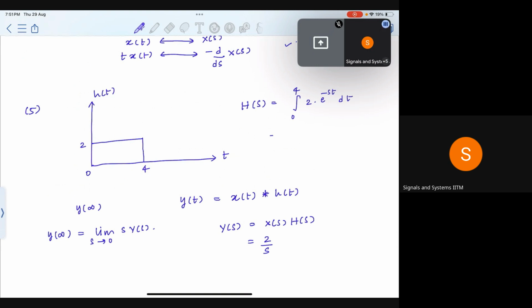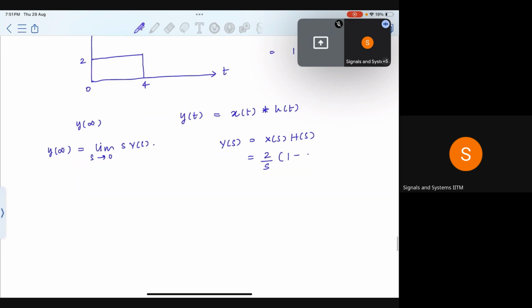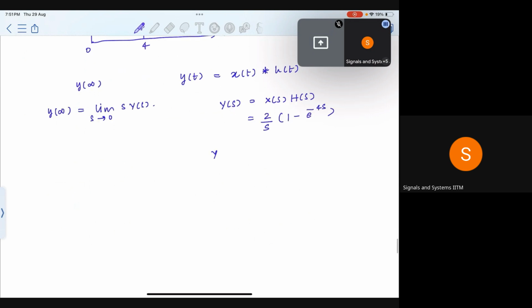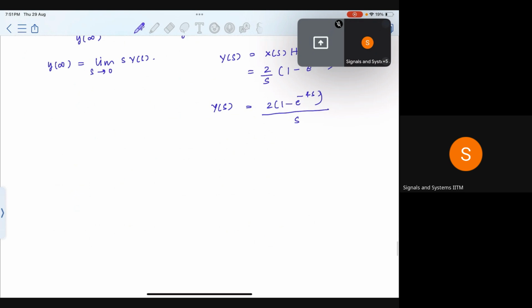When you evaluate this, it is 2 by s times 1 minus e power minus 4s. So your y of s is 2 times 1 minus e power minus 4s by s, right?